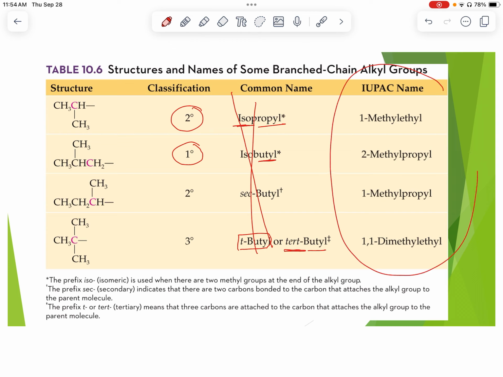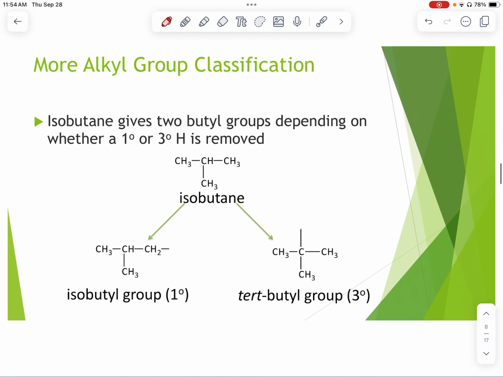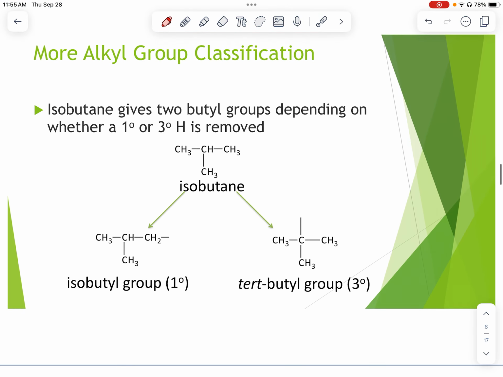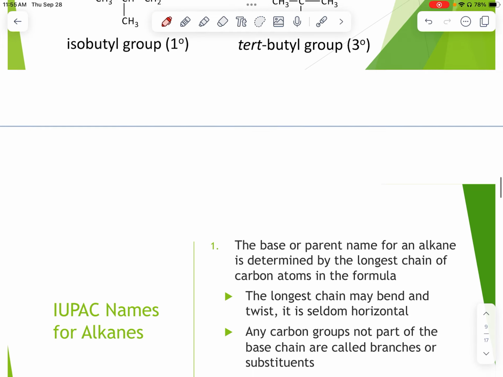We're going to learn IUPAC in here. I just wanted to throw them out there in case you wondered where those came from. Isobutane can give rise to isobutyl or tert butyl. Don't worry about this as much. We're not going to do those.